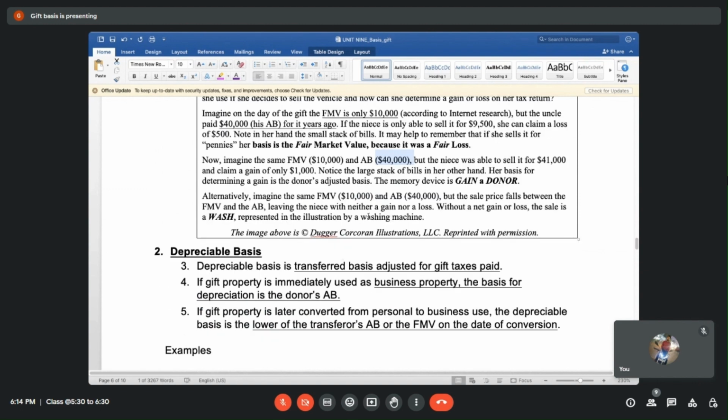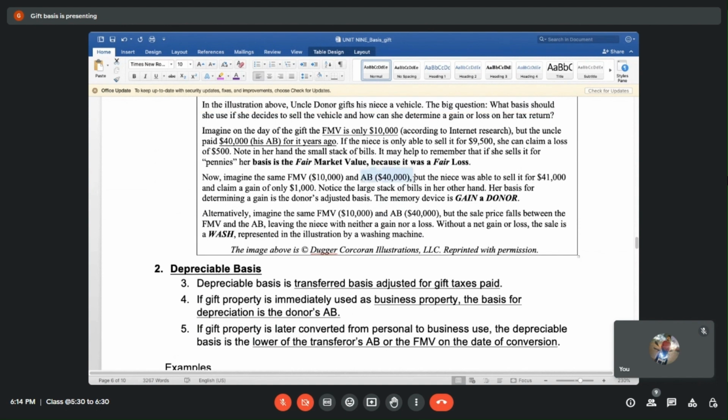Because this has not been claimed. It's not like IRS is giving extra benefit. The donor never claimed depreciation on this, or maybe he claimed depreciation, or maybe this amount is net of depreciation. Maybe he bought the car for $100,000, 60,000 went into depreciation, and the adjusted basis on the books is 40,000.